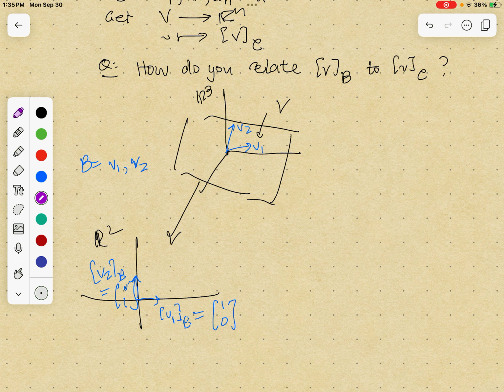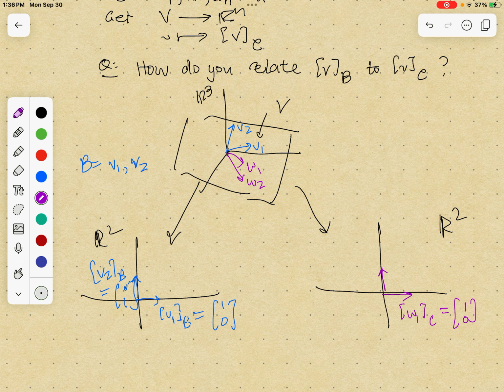Okay, and let's say that I have another basis W1, W2. Then I get another map from V to R2 that takes W1 to 1, 0, and W2 to 0, 1.